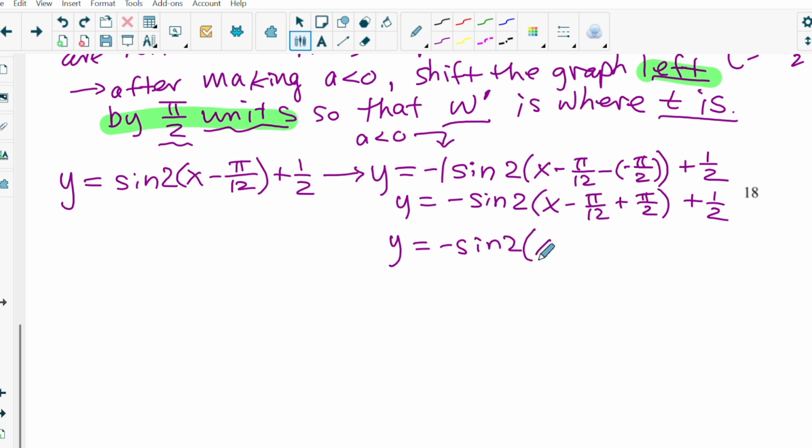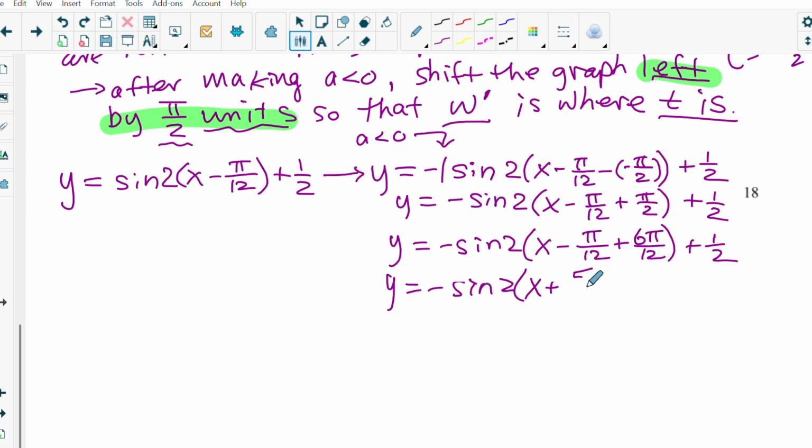Okay, let's combine those. Negative sine of 2 times x minus pi over 12 plus 6 pi over 12. Okay, making equivalent fractions, plus 1/2. Y equals negative sine of 2 times x minus pi over 12 plus 6 pi over 12.